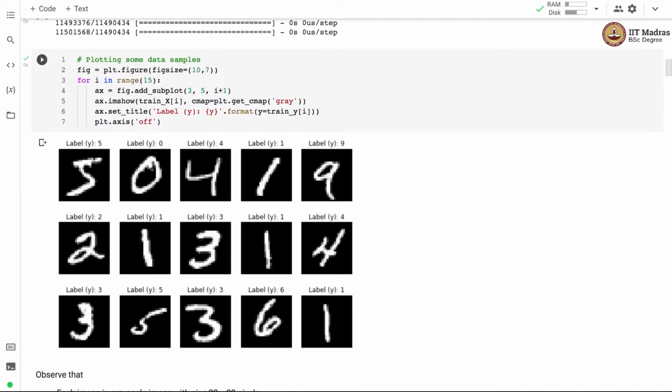And here are some of the data samples. This is an image of a handwritten 5, and you can see that the label for this image is 5. Then this is the image of digit 0 and the label is 0, and so on. So these are our input images, and this is the label that we would like to predict for such an image.